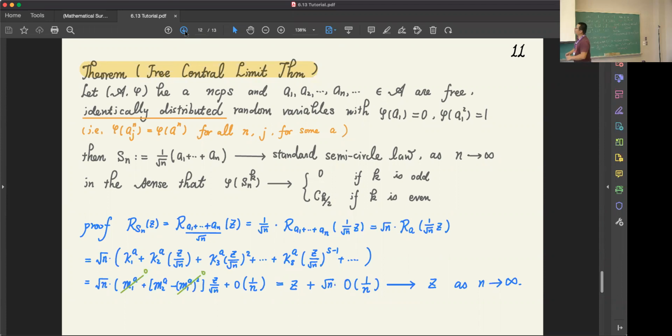So we start from R of S_n at z. We know S_n is precisely 1 over root n of A1 plus up to An. Now here I'm missing something, let me quickly show.